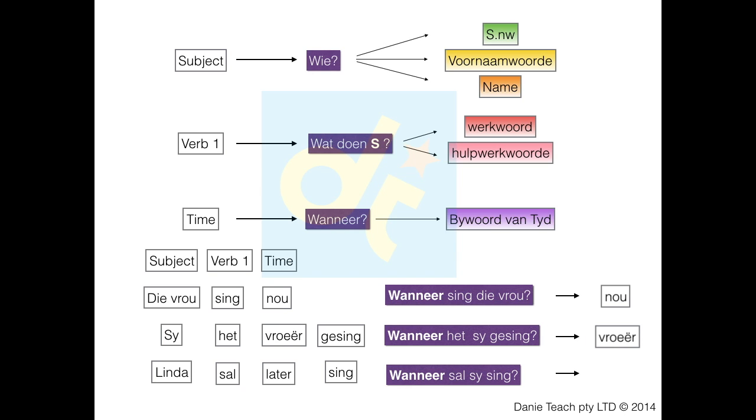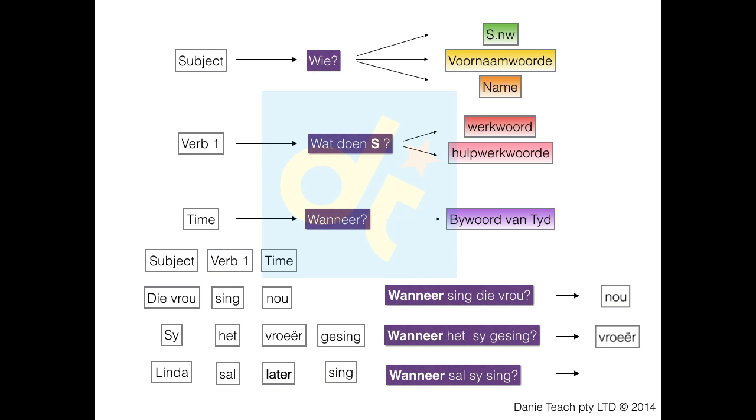Vroeër. It's important to obviously know these words that indicate time, not only for tense sake, but also for your own vocabulary. They're easy words to learn, and they have more than one purpose in your language section and in your creative writing section, which you can really make use of.